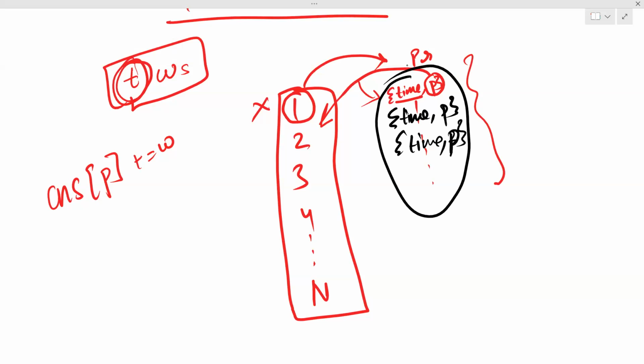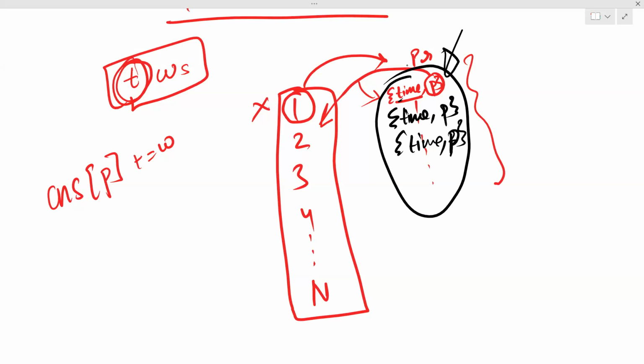Check whether the person's return time is less than this T. If so, insert this person back into the order and remove this person from this out-of-order data structure.